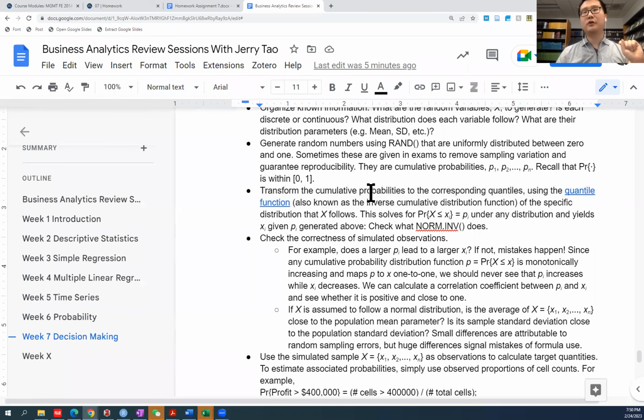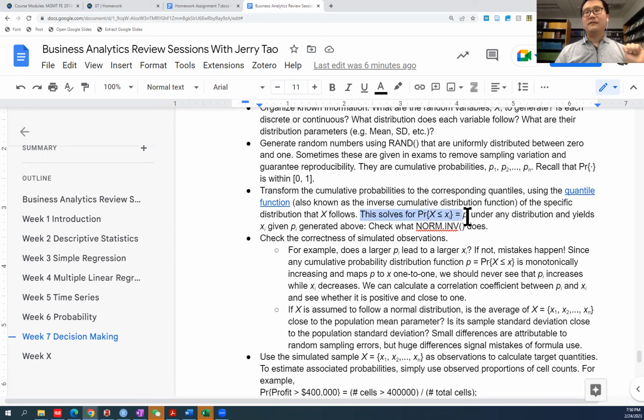Here we need to transform cumulative probabilities, that's exactly the random numbers we were given, to corresponding quantiles using the quantile function. It's also known as the inverse cumulative distribution function, which is exactly the function called in Excel, inverse normal distribution function, right? Of a specific distribution that X follows. X here, in our case, would be cost and demand.